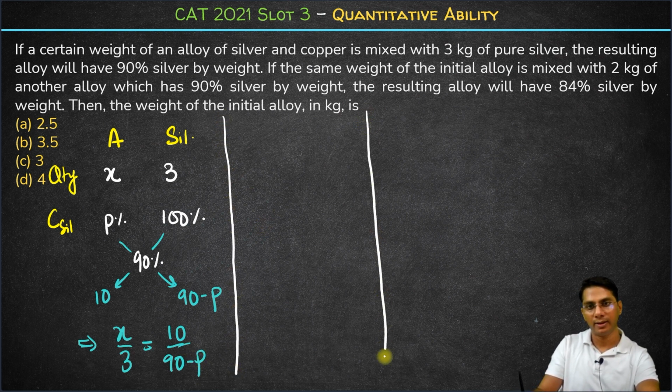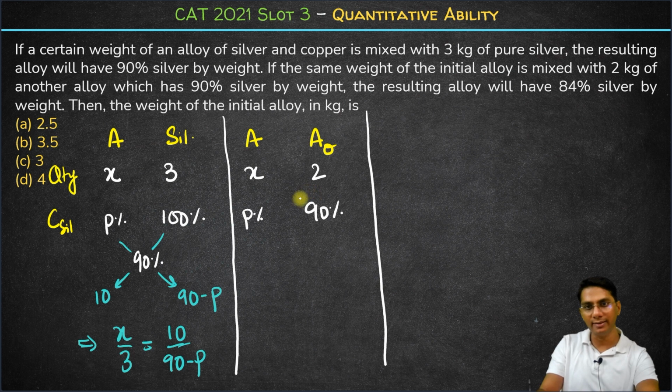Okay. Next, again, the same weight of alloy, as in x kg of alloy, is now mixed with 2 kg of another alloy, let's say AO. So this is 2 kgs, such that this alloy will have P% silver, but the other alloy has only 90% silver.